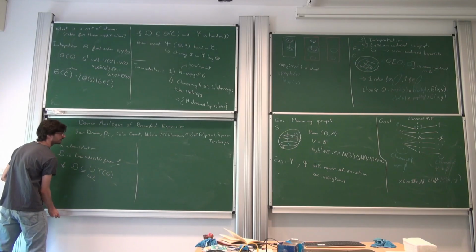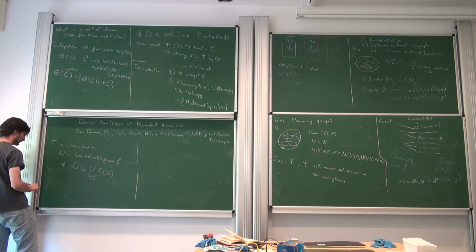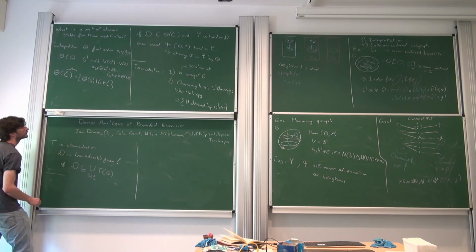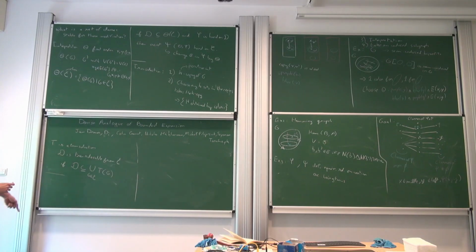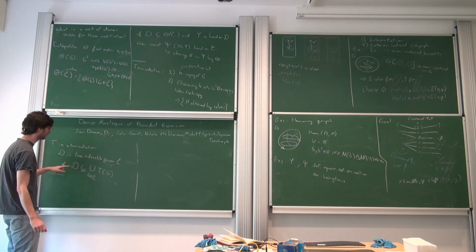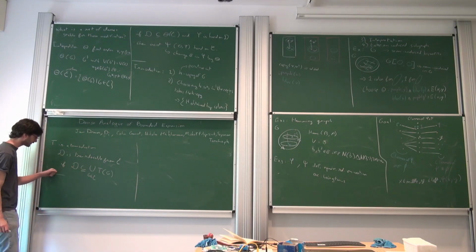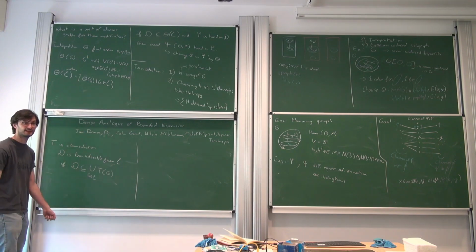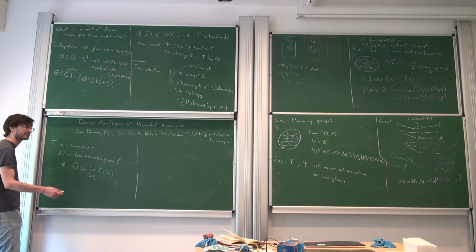And so to find the model checking algorithm, we know that on a class C, let's say, we cannot interpret the set of all graphs.